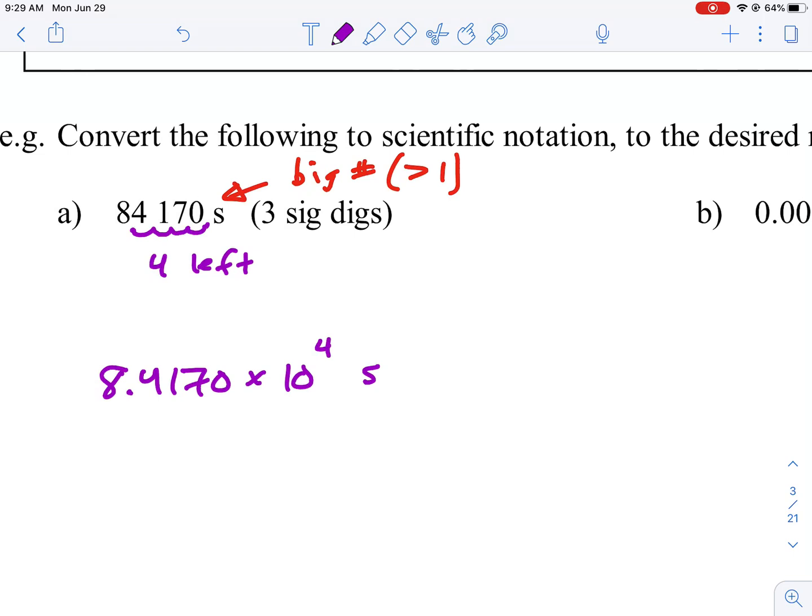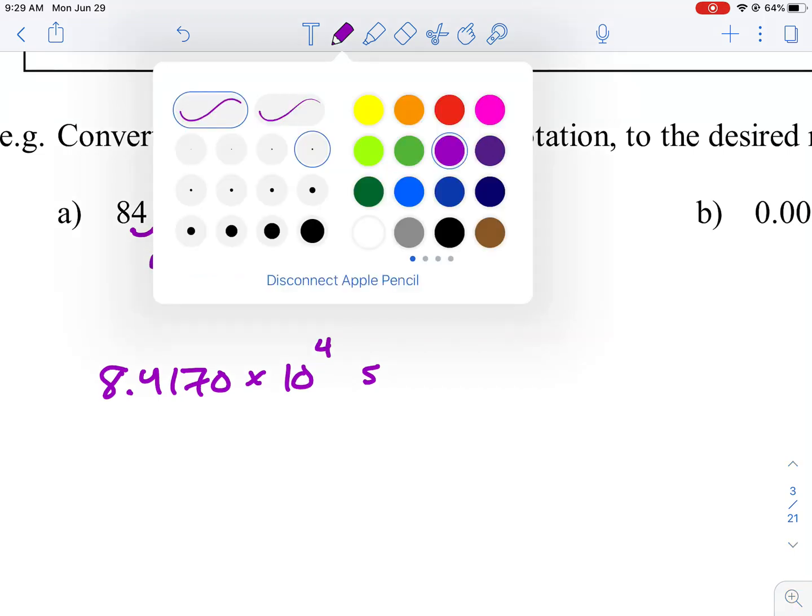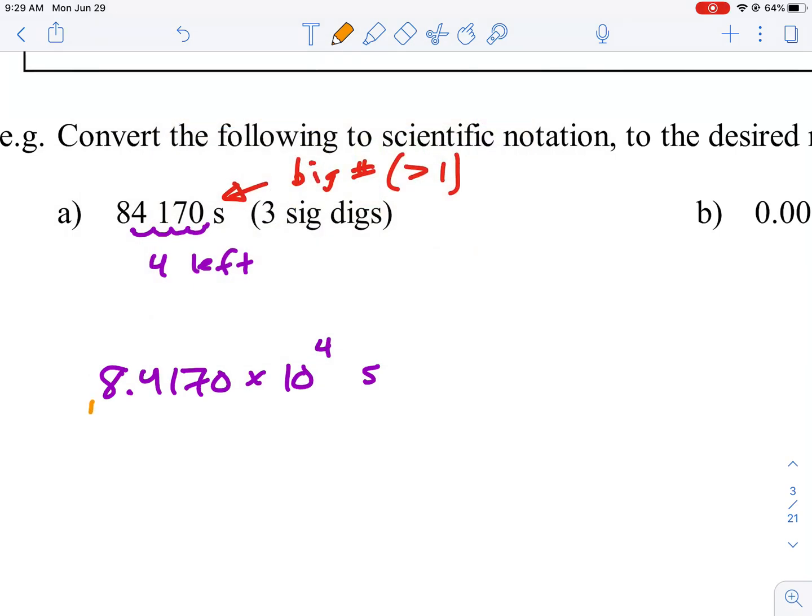But notice it has to have only 3 significant digits. So we take the first 3 digits. Those are the only digits we're allowed. And the question now is, do we round it up or not? Is it 8.41 or 8.42? If you take a look at the next number, notice this one is 5 or greater.